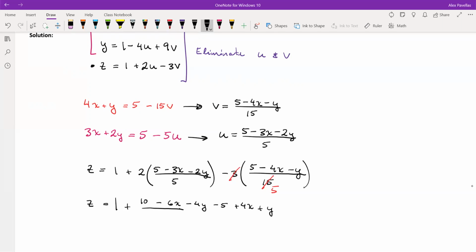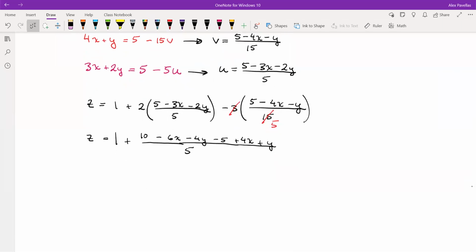All of that stuff is divided by 5. They have the same denominator, so I could put them in a single fraction. I can multiply both sides by 5. So 5z, this 1 gets multiplied by 5, plus 10 minus 6x minus 4y minus 5 plus 4x plus y.